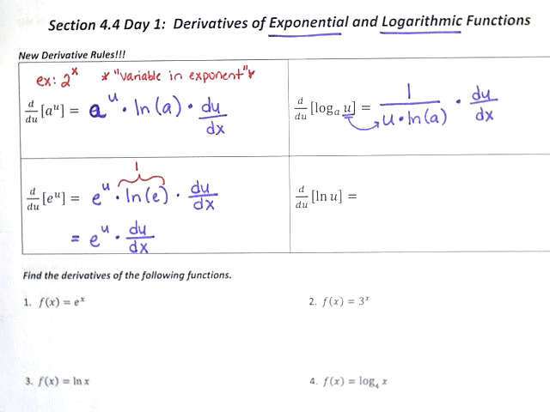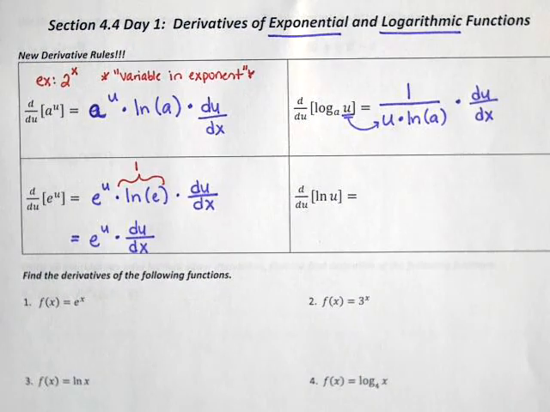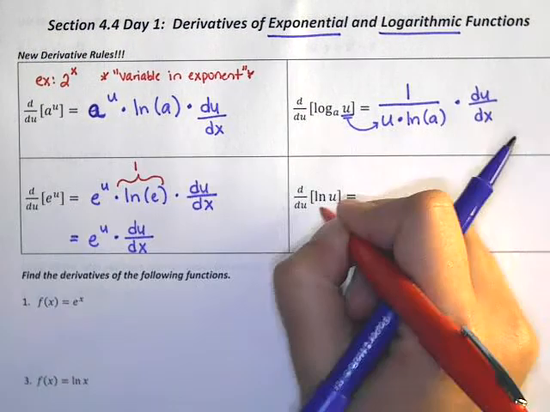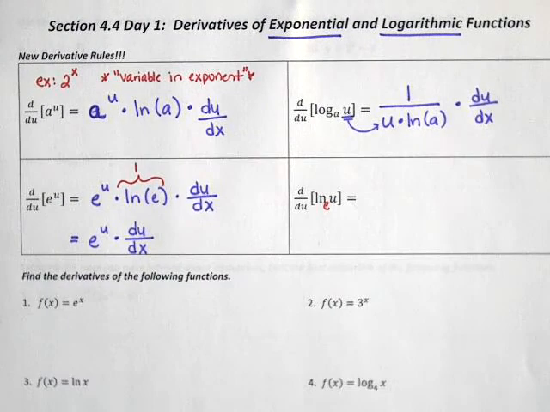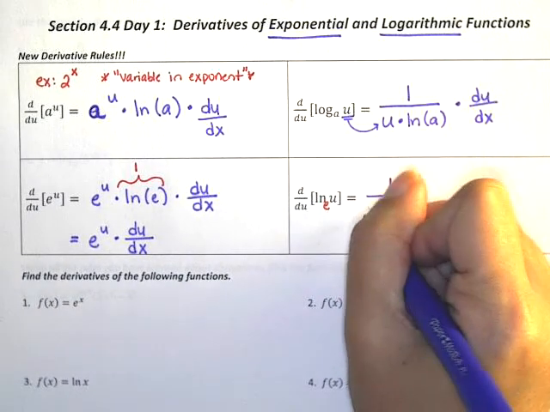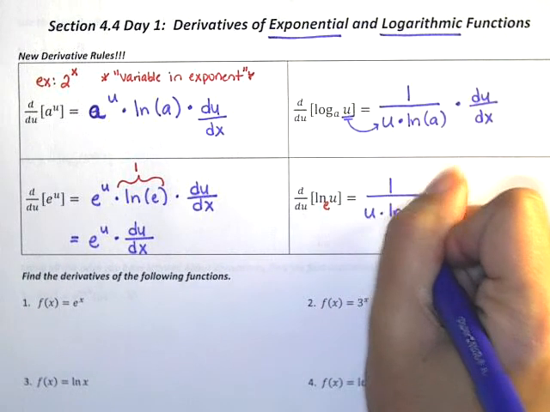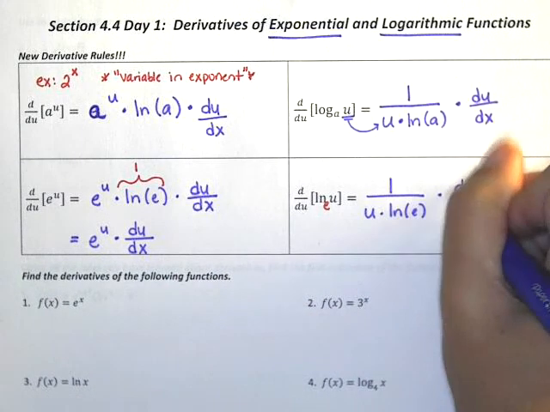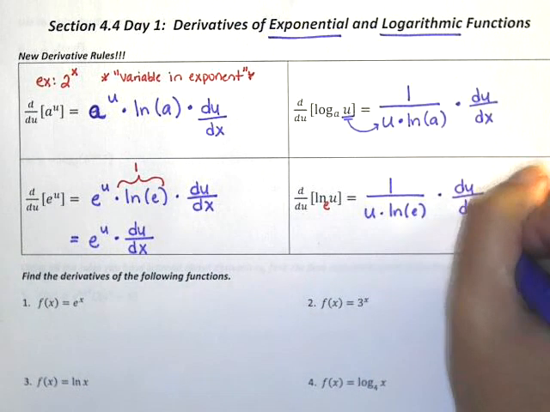Now, one common logarithm that comes up a lot is natural log. ln is really a log with a base of e. It's just a shortcut way of writing that. So if I apply this same formula, I would have 1 over u times the natural log of e times du dx.